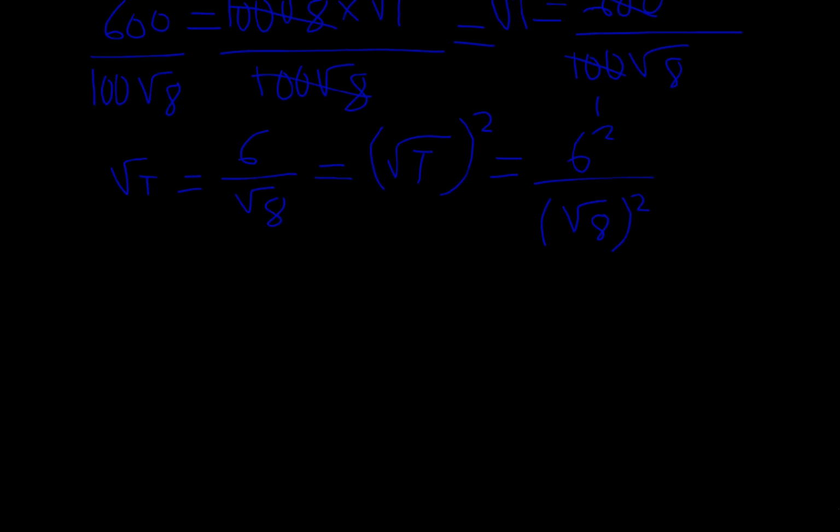And going further, this would cancel this, and we have T equals 6 raised to the power of 2, which is the same thing as 6 times 6, over the square root of 8 times the square root of 8, which would give you the square root of 64. And this would be 6 times 6 is 36. The square root of 64 is 8.